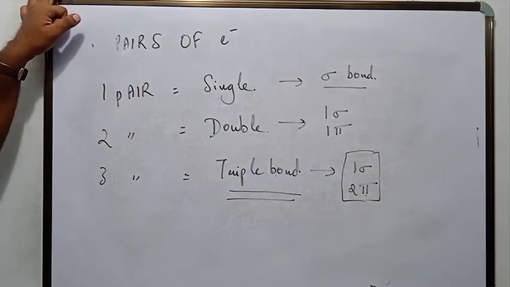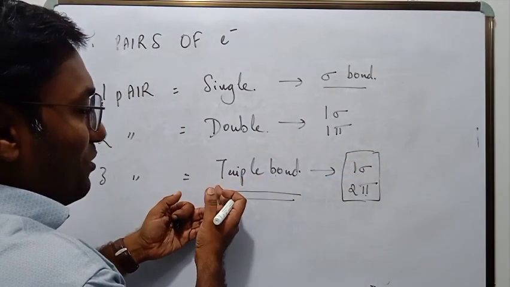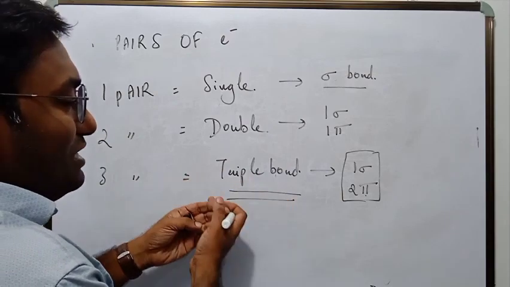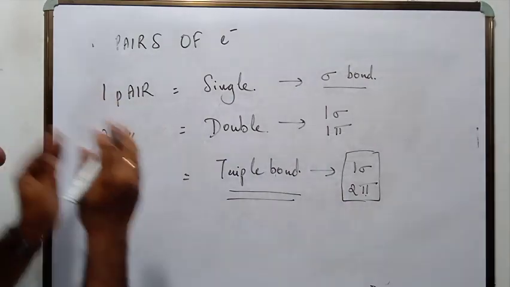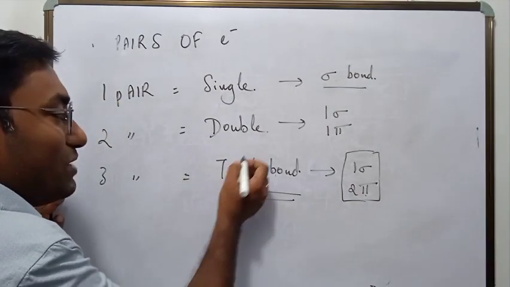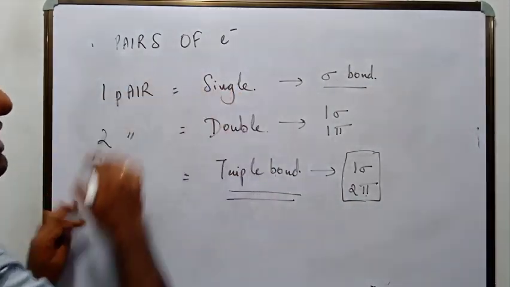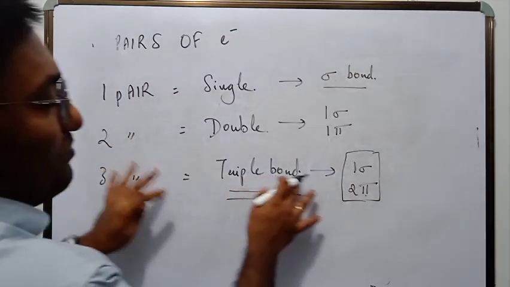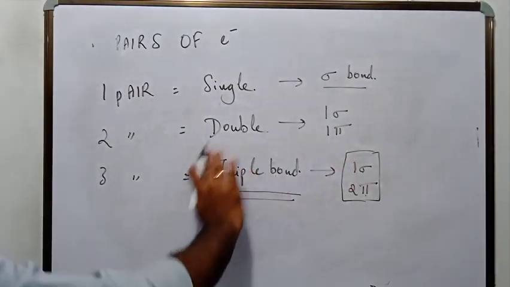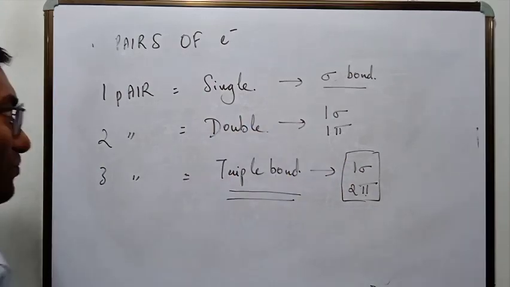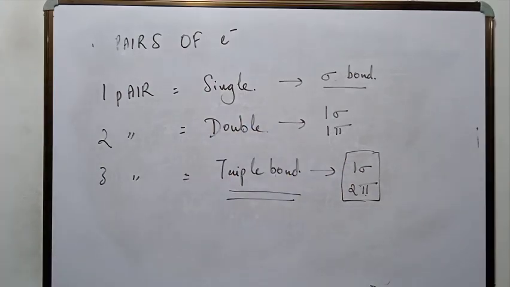The triple bond is shortest among all, and being shortest, it is very hard to break. A very high amount of energy is required to break the triple bond rather than a single bond. Why? Because it has more number of bonds. Simply because it has more bonds, collectively it is stronger. So this is the classification.